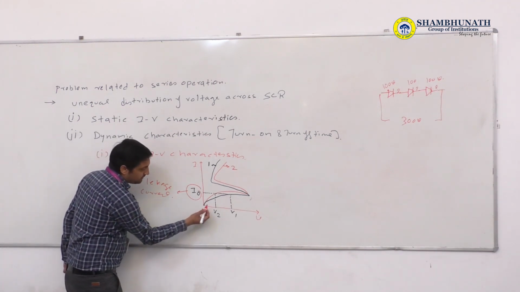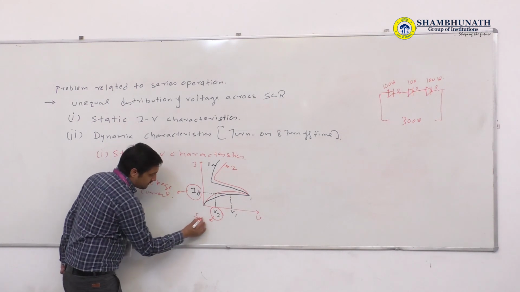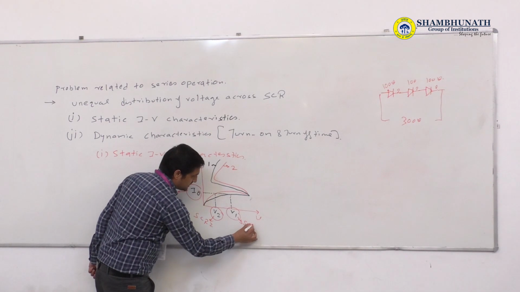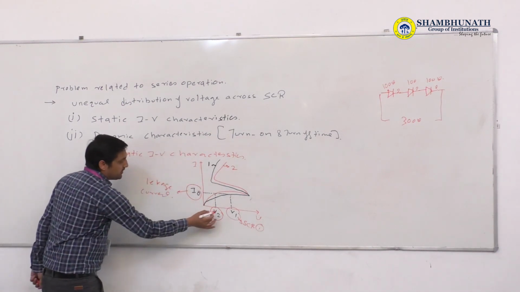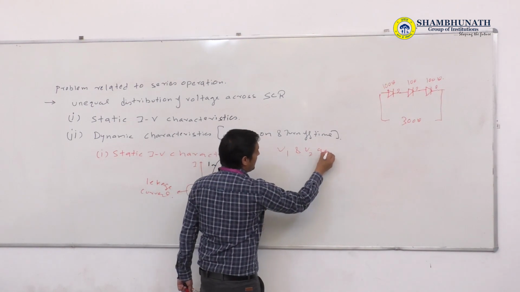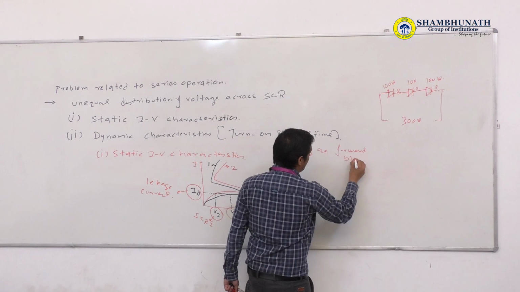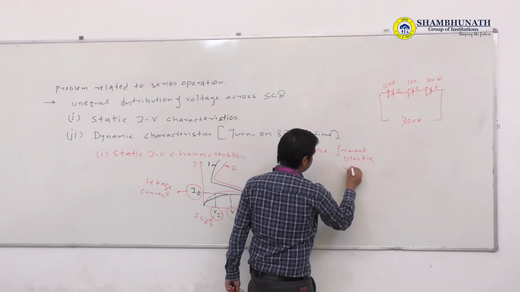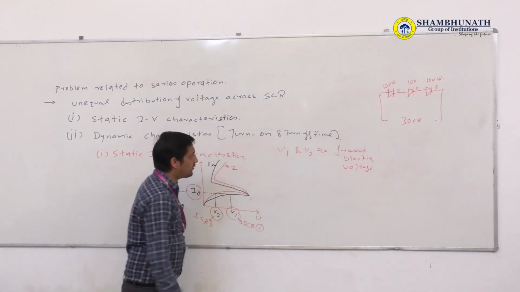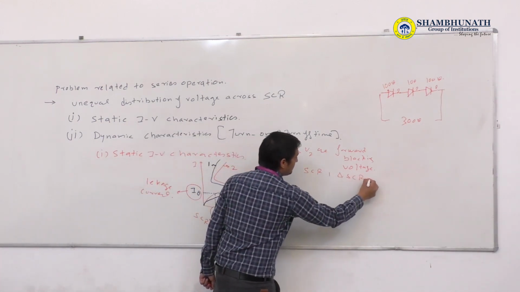Leakage current flows through the SCR when it is in forward blocking mode. Now see here, V1 and V2 are the forward blocking voltages of SCR1 and SCR2.